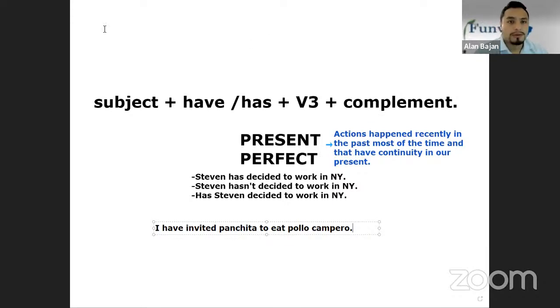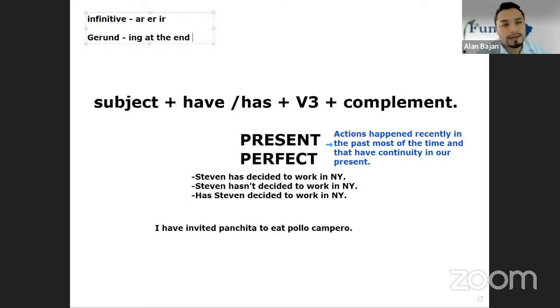In Spanish, we have verbs in infinitive, el infinitivo de los verbos es ar, er, ir. El gerundio or the gerund is ing at the end of the verb. And the last one is past participle or V3.